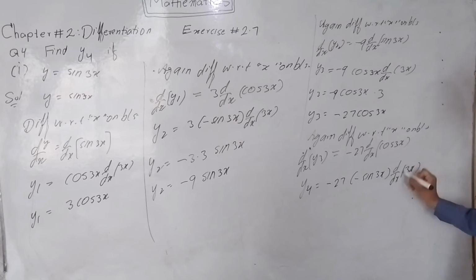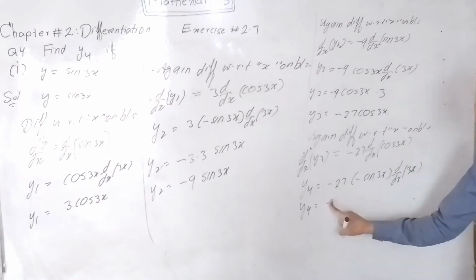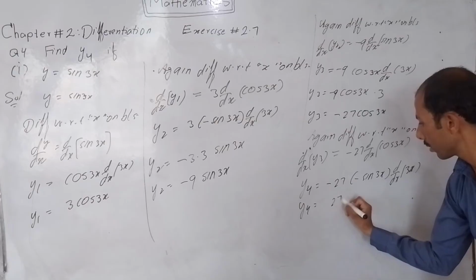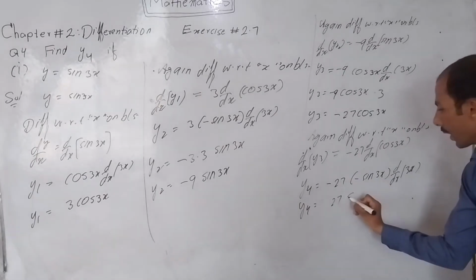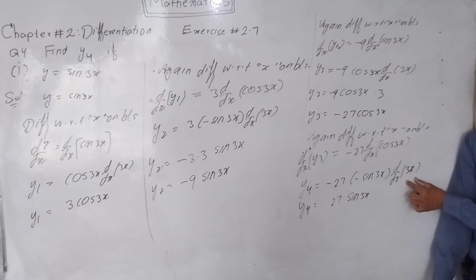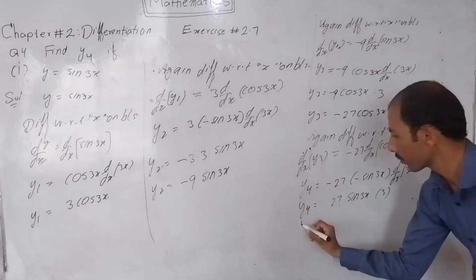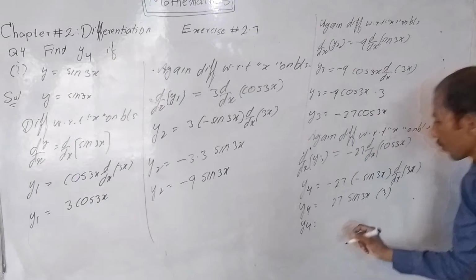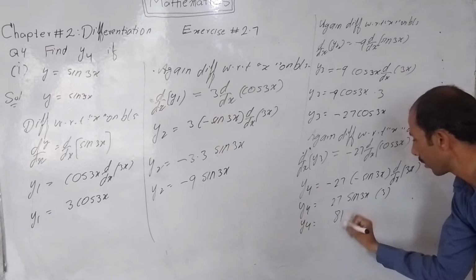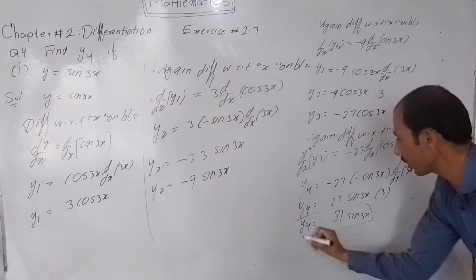So y4 is equal to minus, minus multiply minus is plus, 27 sin 3x. The derivative of 3x with respect to x is 3. So y4 is equal to 27 times 3, that is 81 sin 3x, which is the required solution.